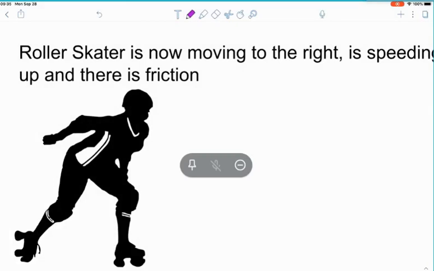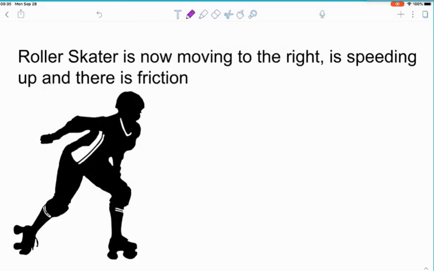So the roller skater is now moving to the right and is speeding up. If they are speeding up, that means that you need to have a bigger arrow going to the right because that's the way they're speeding up. So they're accelerating to the right, which means I need a bigger arrow to the right than to the left.